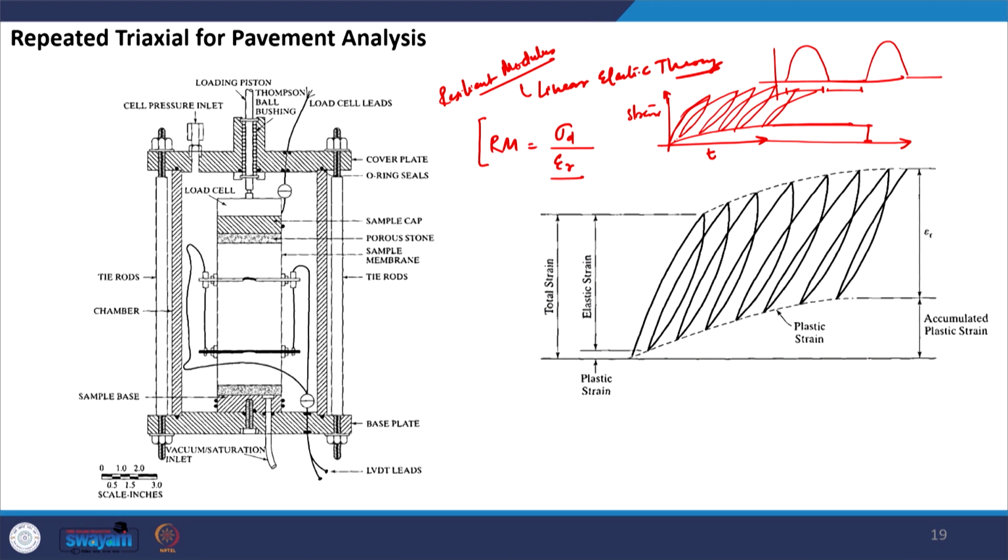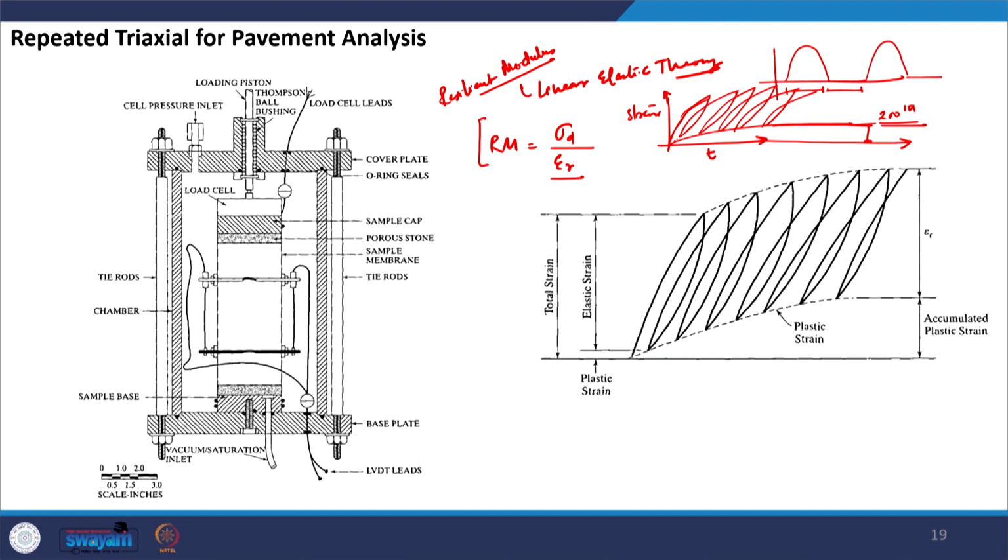A lower stress is considered here because subgrade materials will not be exposed to very high stress from vehicular loading, as they lie at considerable depth from the pavement surface. Typically in this test, it is expected that after the 200th load repetition the material will become stable and the amount of plastic strain will become constant.